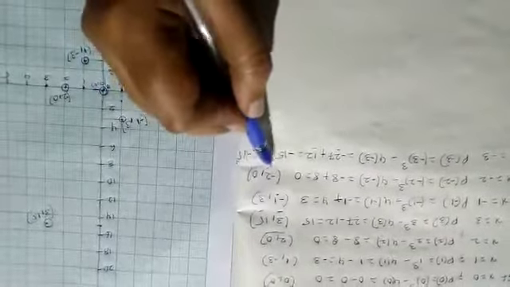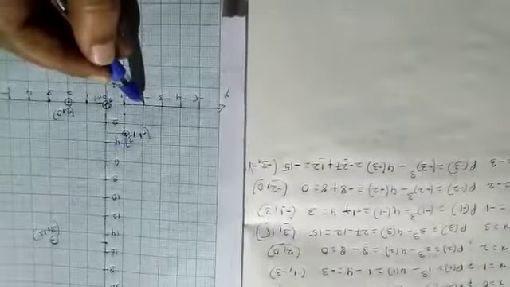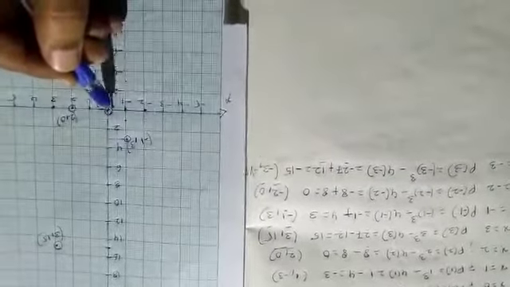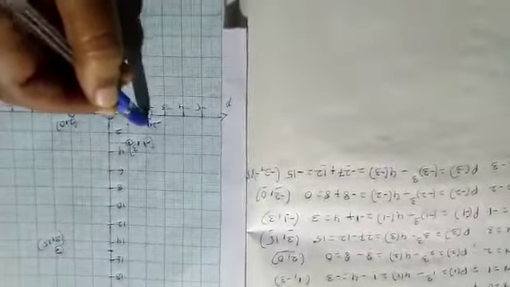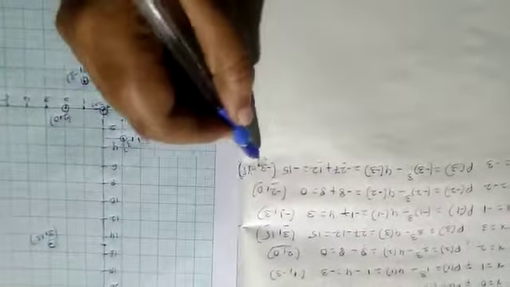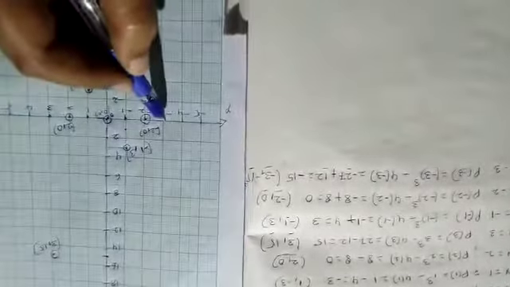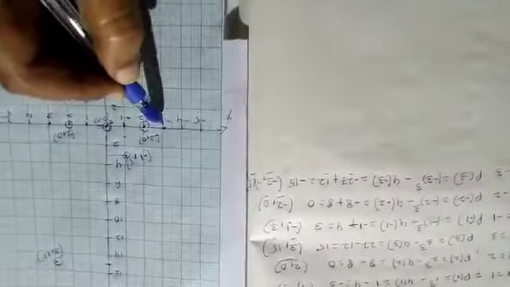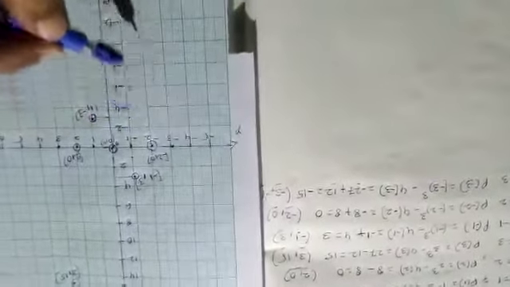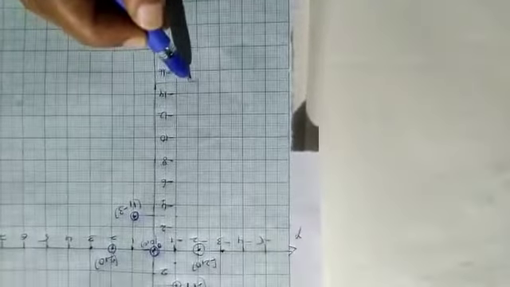Next point is minus 2 comma 0. On the x-axis minus 2, y value 0. So this point is minus 2 comma 0. Next, minus 3 comma minus 15. On the x-axis minus 3, on the y-axis minus 15.